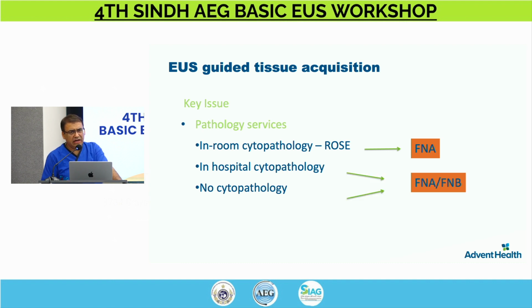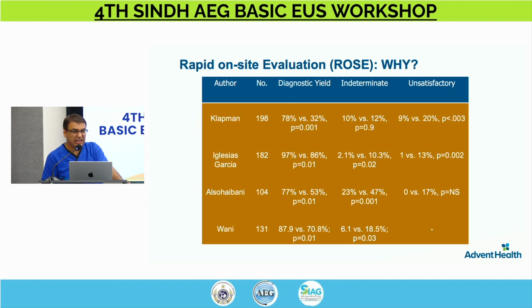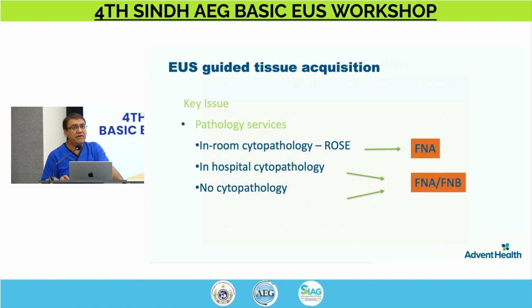And if you have other resources available, like a cytotech or cytopathology on site, then you can use an FNA or FNB needle. Actually, if it's a solid mass, and you don't have cytology available and you are just going to put the specimen into the formalin and you don't know how to make slides, it's better to use an FNB needle for solid lesions.